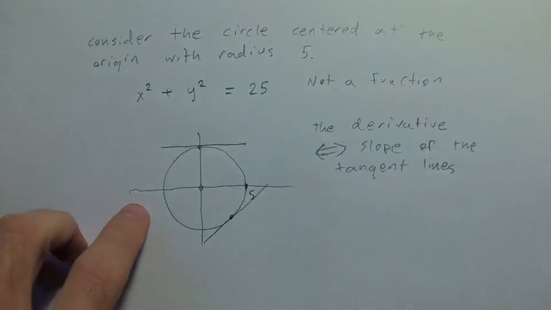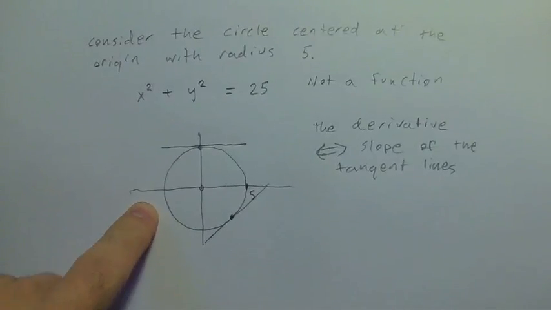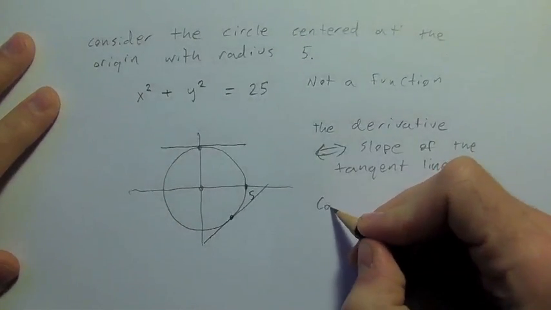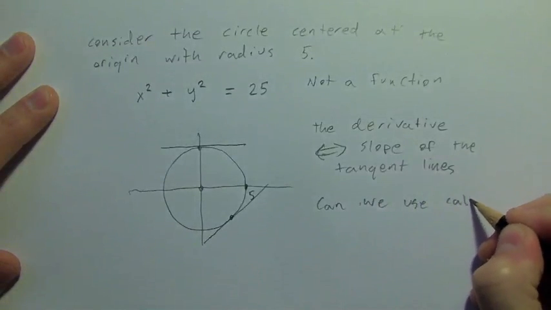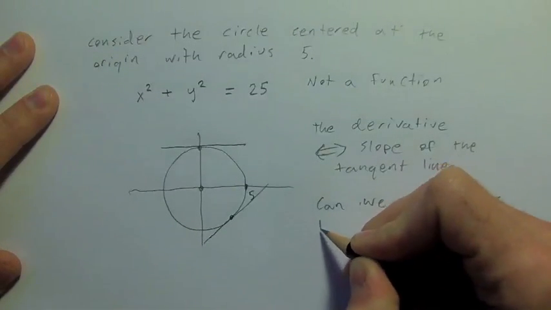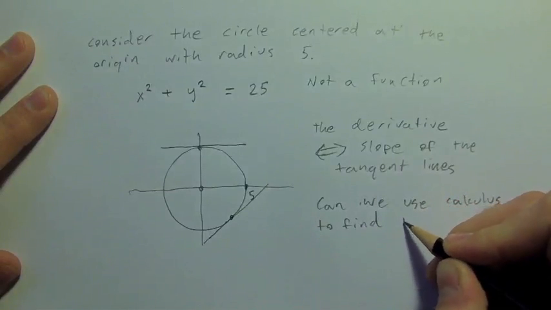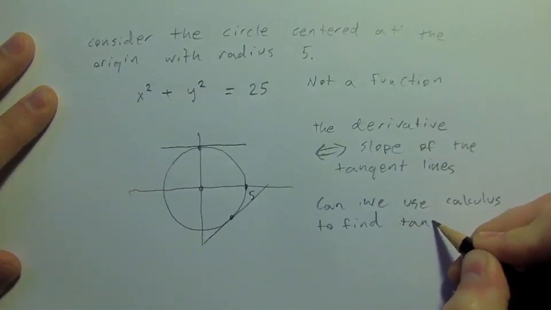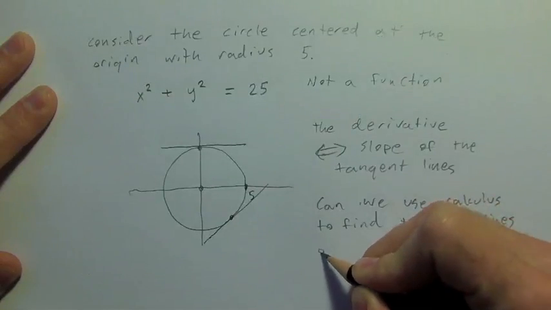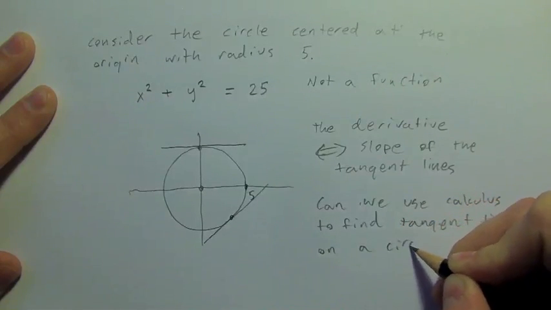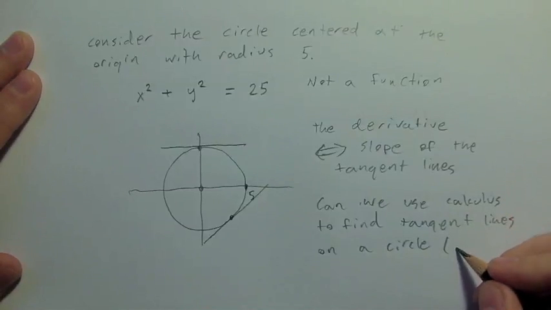Well, if that's true, we should also be able to use calculus and the ideas of derivatives to find tangent lines on a circle. So the question is, can we use calculus to find tangent lines on a circle, or anything else that might not be a function of x?